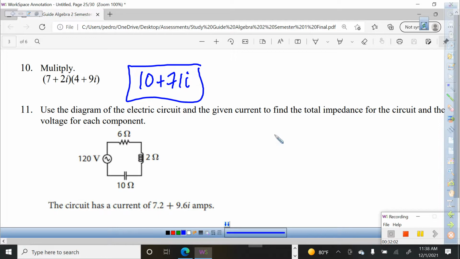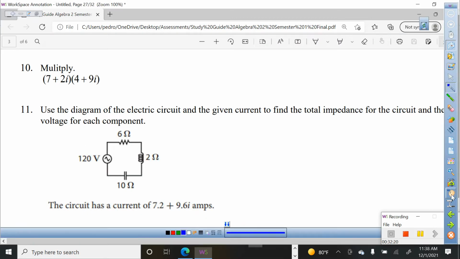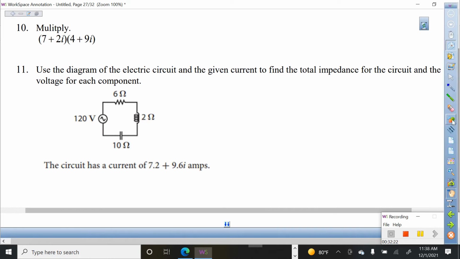All right. Go to your blank sheet of paper. On your blank sheet of paper, I want you to write example 11Q. I want you to copy this circuit.